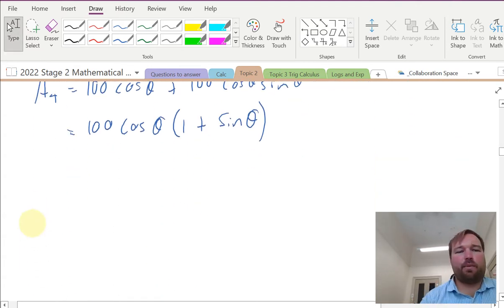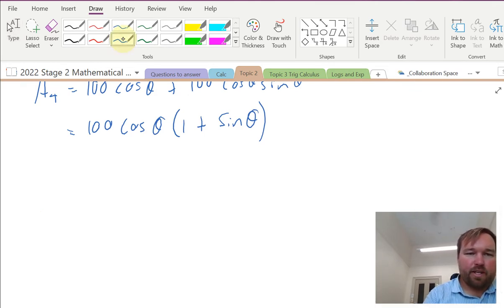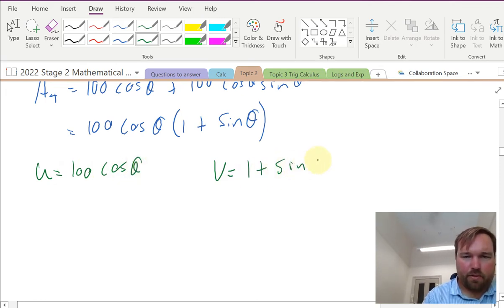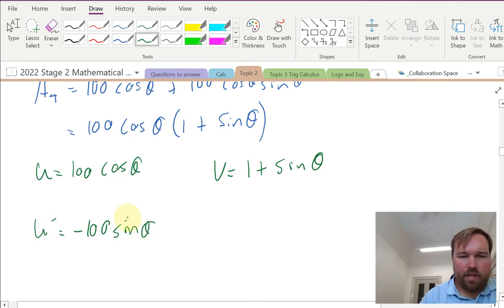Alright, so then we need to find the derivative of this. So the derivative is going to be 2 different things. We'll have u and v. I'm going to make this 100 cos theta and 1 plus sine theta. U dash, therefore, is minus 100 sine theta, and V dash is going to just be cos theta.